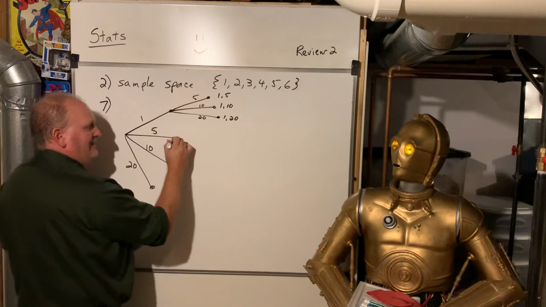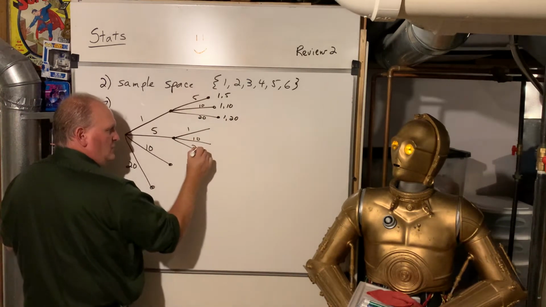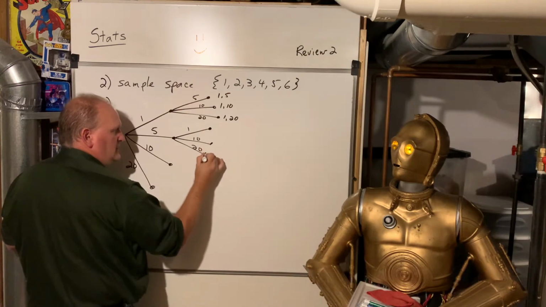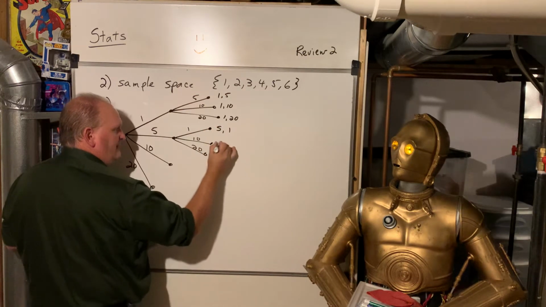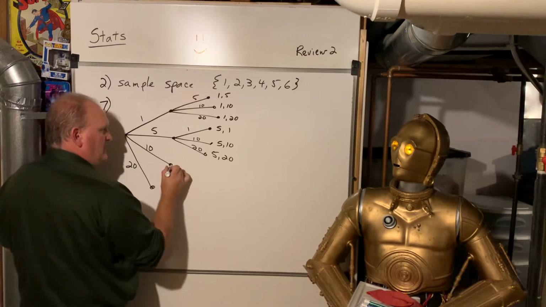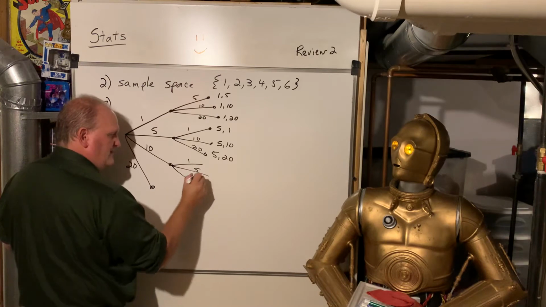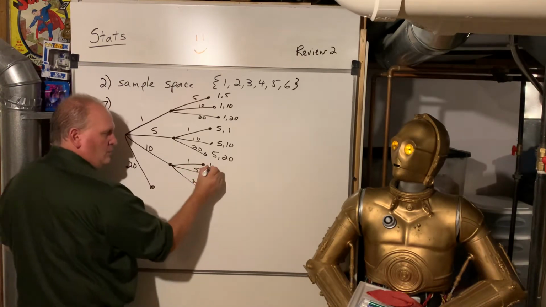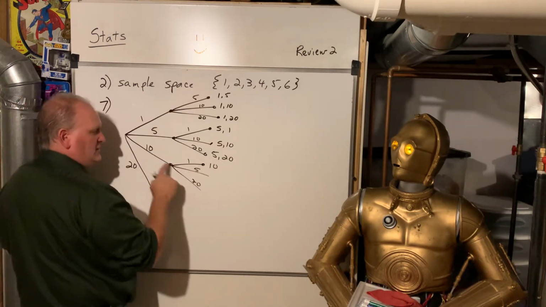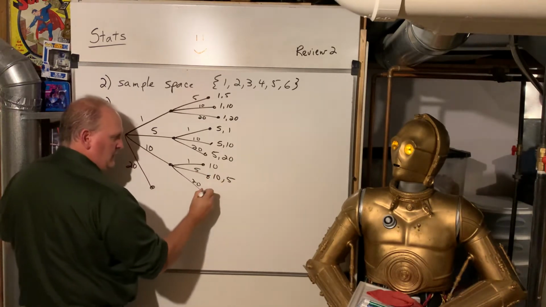If I pull a 5 out, then I could get a 1, a 10, or a 20. So that would be 5, comma 1; 5, comma 10; 5, comma 20. If I pull a 10 out, then I could get a 1, a 5, or a 20 second. So that's 10, 1, so you kind of follow the branch. 10, 5, 10, 20.